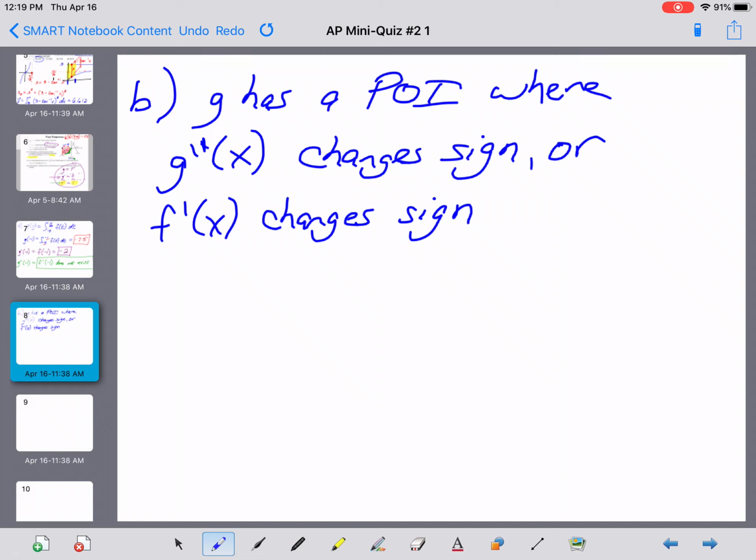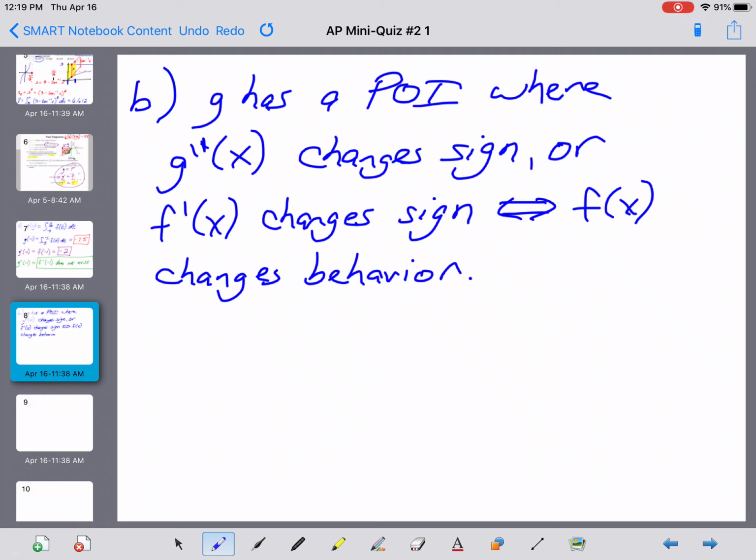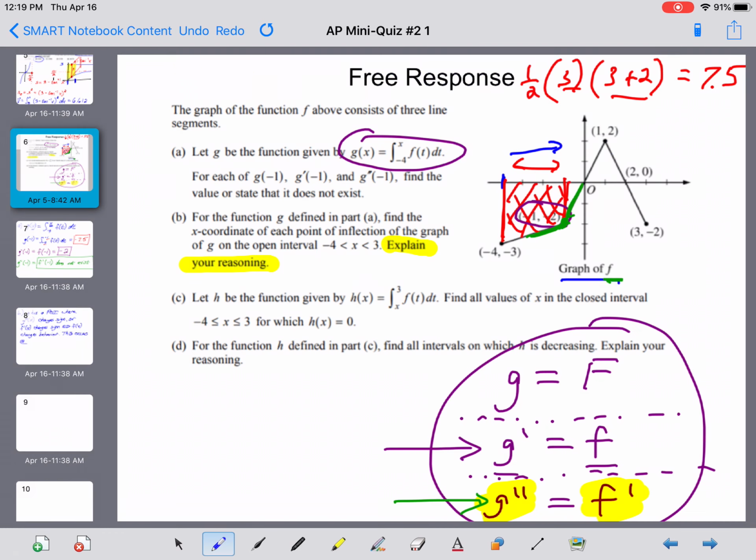And f prime of x changes sign at a spot right here where f of x, the function itself, changes behavior, either from increasing to decreasing or from decreasing to increasing. And I think we can tell that, everybody, by looking at the graph. So we can say that this occurs at, all right, guys, and we're looking for a change in behavior of the graph of f.